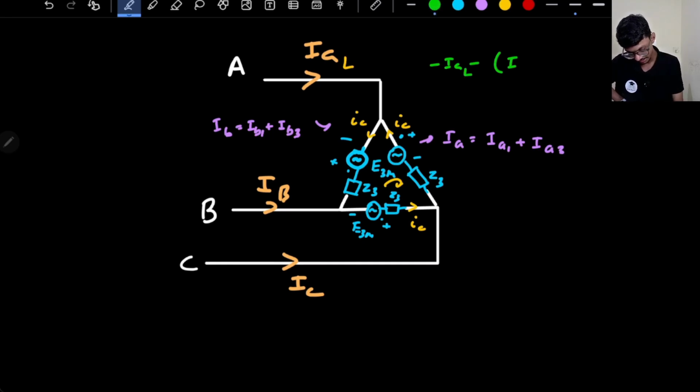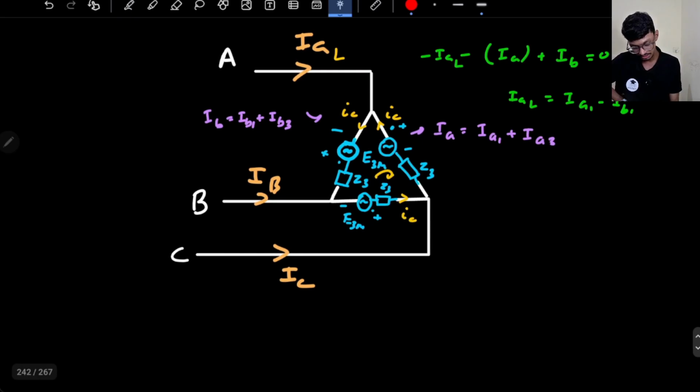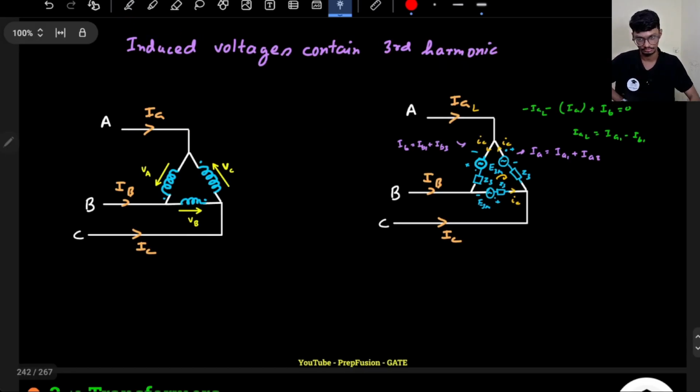So minus of IAL will be equal to IA minus of IA and plus of IB, correct? So same thing, right? Whatever we were doing for the phase voltage, the same thing is happening: the line current is the subtraction of the two phase currents. So the third harmonic component will simply get cancelled, only the fundamental component will be left out. So same conclusion, right? Again, I told you third harmonic currents will not be there in the line.